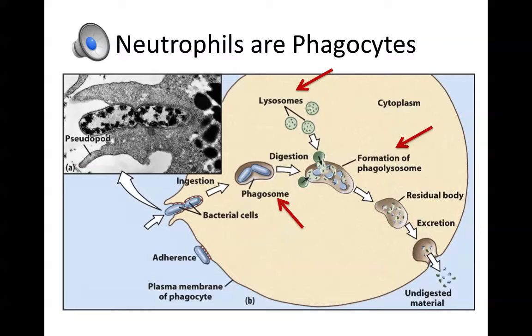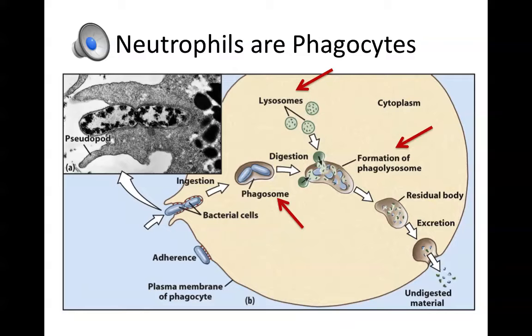The extension of the cytoplasmic membrane of the white blood cell surrounds the bacteria and draws the bacteria in, now surrounded with this membrane-bound structure we call a phagosome. A phagosome, once inside the neutrophil, fuses with some of the granular contents of the neutrophil that are lysosomes.